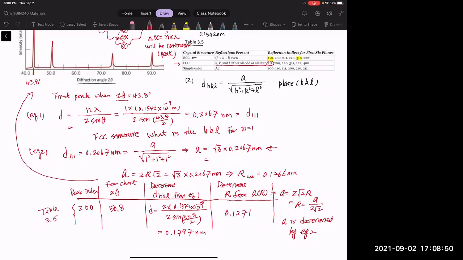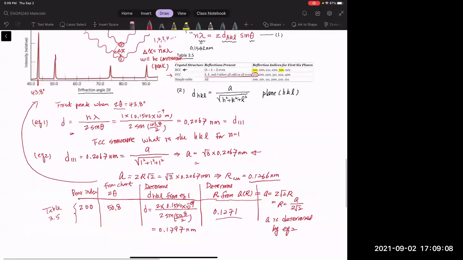And if you compare this one with the previous one, which is 0.1266, this is 0.1271. They're very close. Then you take the average to be the result of this problem.